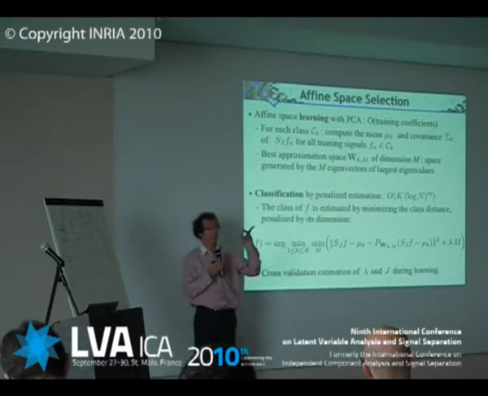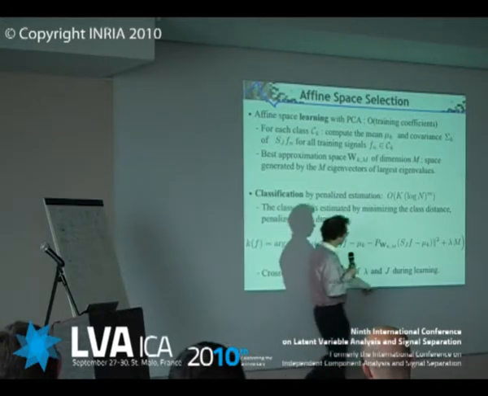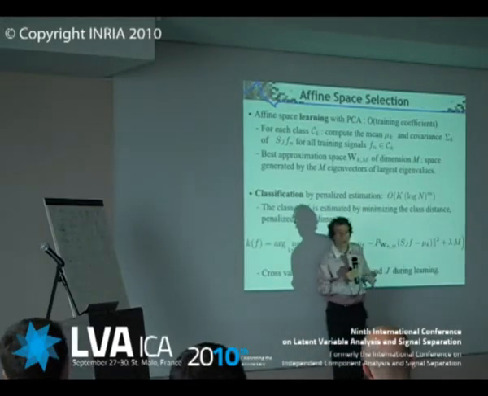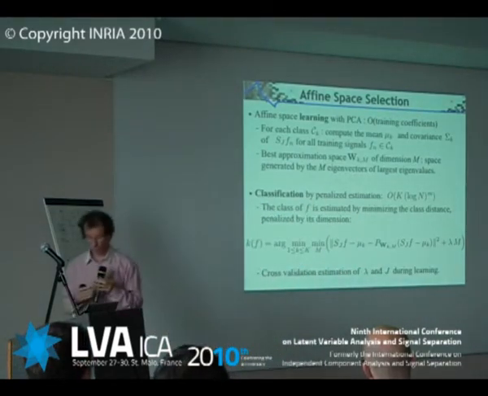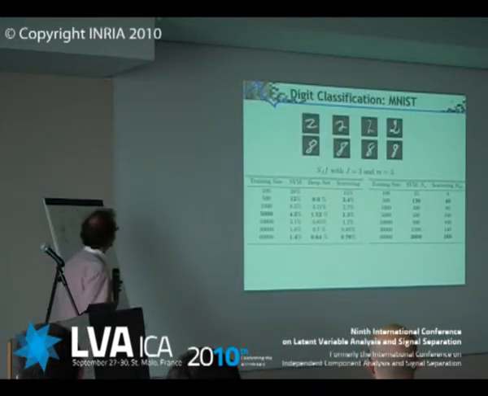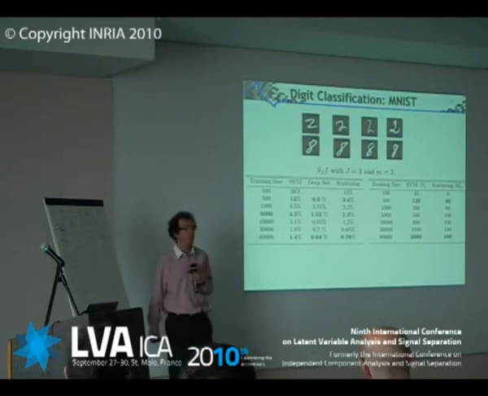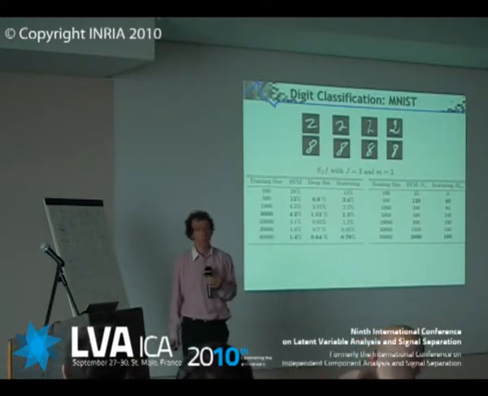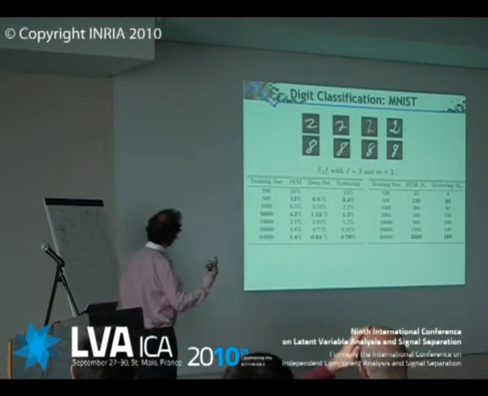So this learning algorithm has two parameters. One is lambda, two is j. What is the depth on which you want to work? So we began with the most standard database used worldwide for classification of handwritten digits, which is called MNIST, that was defined by LeCun about 15 years ago.